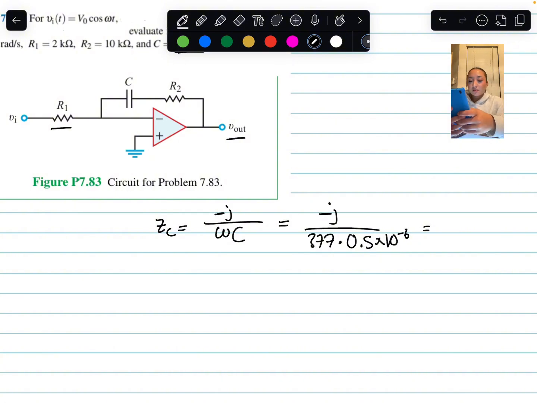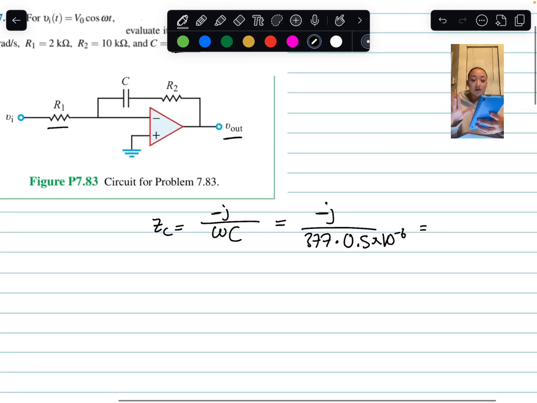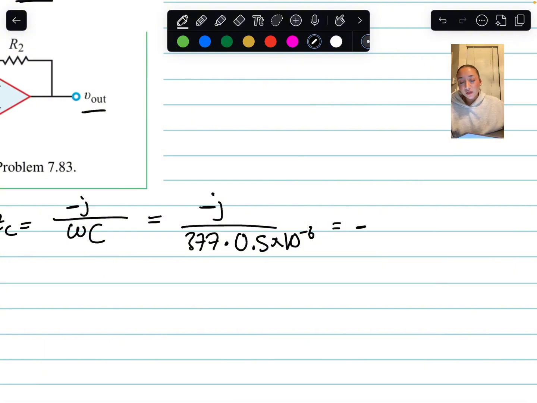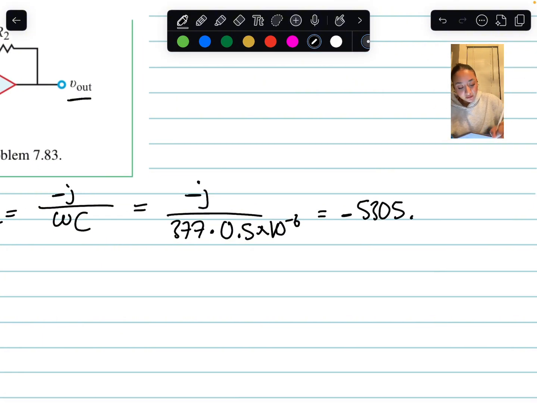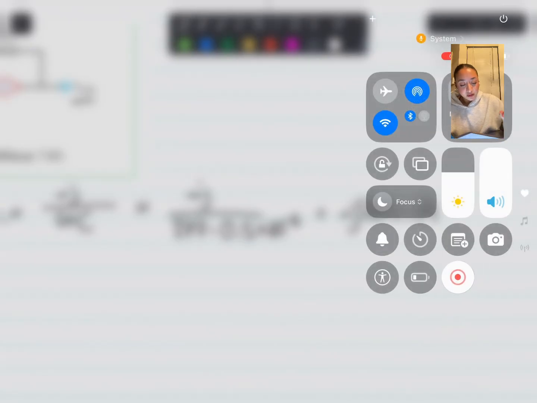I'm going to put all my numbers in rectangular form, and when I get my final answer, I'll convert it to polar. So my answer is negative 5,305.04, and I'm going to put the J right there.